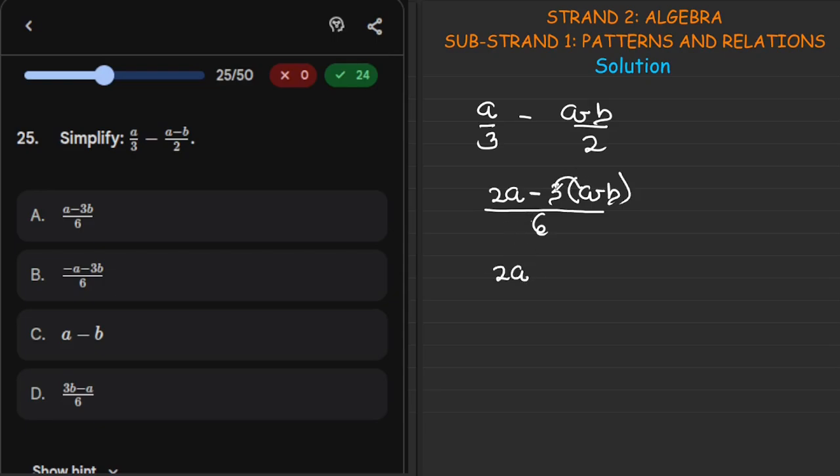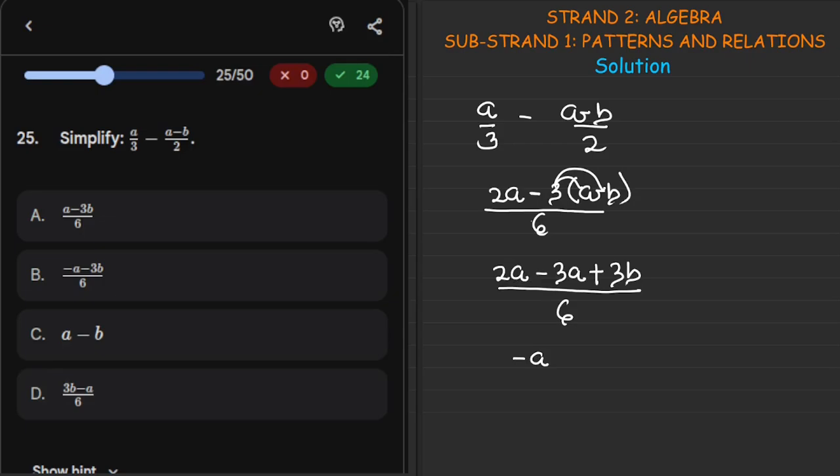Then opening this, we have negative 3 times a. This gives us a negative 3a. Then negative 3 times negative b, which would also give us a positive 3b. Then all over 6. 2a and then 3a are like terms. So we have 2a minus 3a, which gives us a negative a.